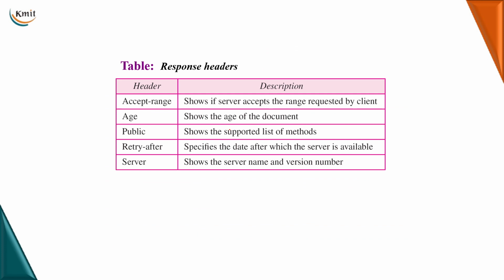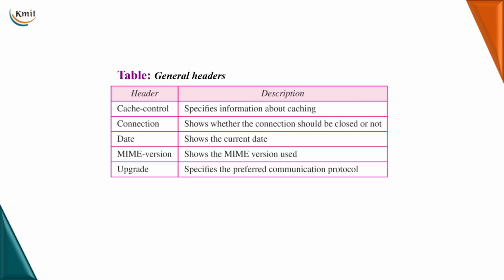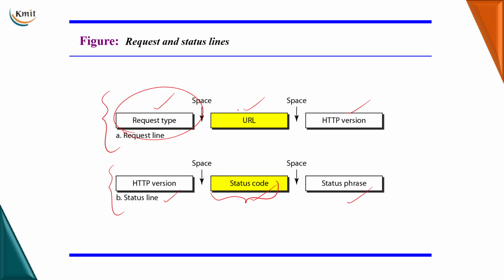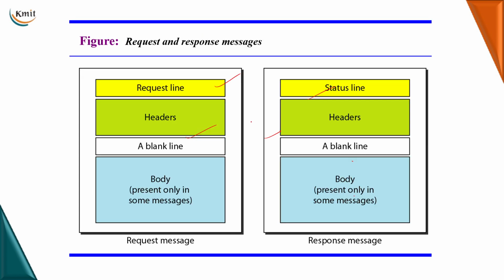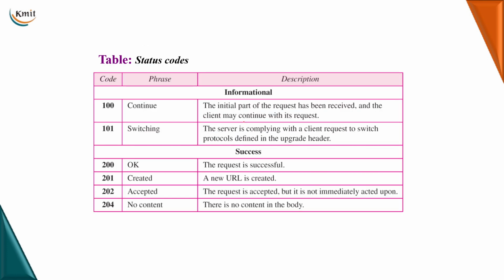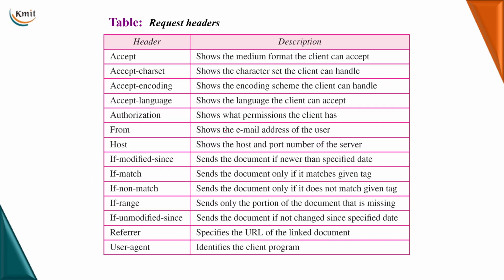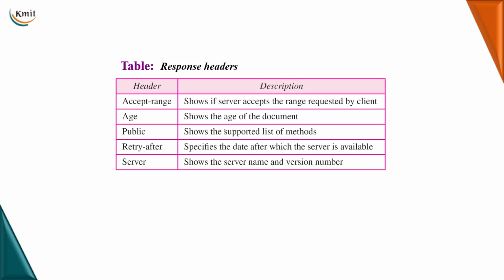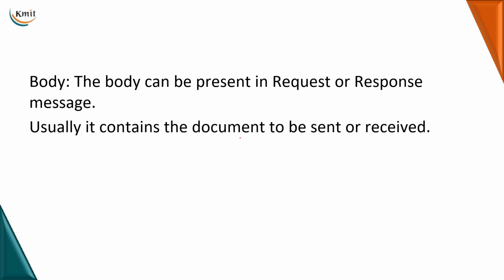You need not list all of this in the exam while writing the answer to the particular question, but you can give a brief description of your request and response messages. So these are the general headers, request headers, response headers and entity headers. And at last comes the body of the message, where the body can be present in both the request and response message. It usually contains the document that has to be sent or received.